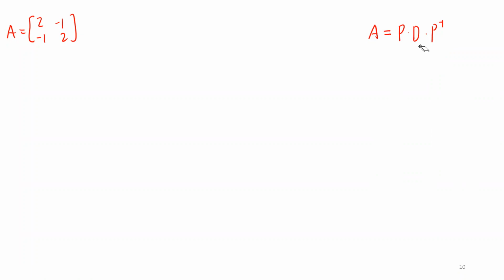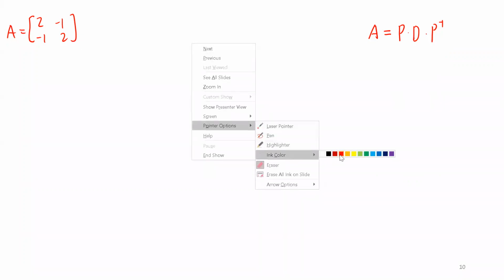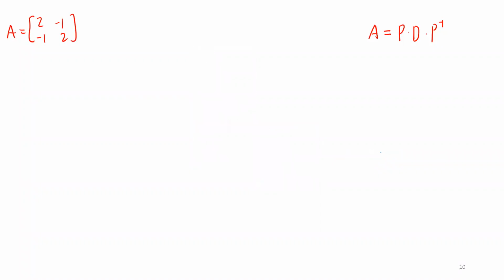The way to do it, as you might still remember, is to find the eigenvalues and eigenvectors of this matrix. So how do we find the eigenvalue? We consider this determinant: 2 minus lambda, minus 1, minus 1, 2 minus lambda.